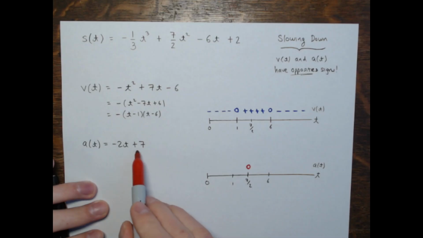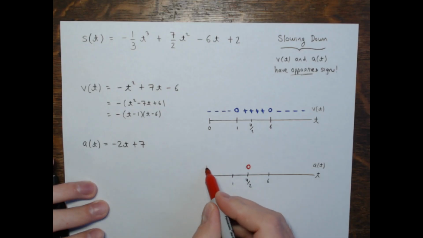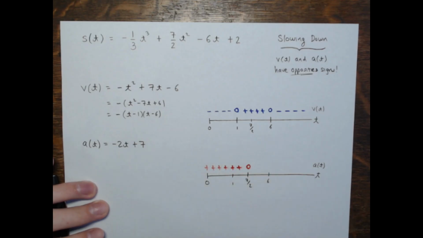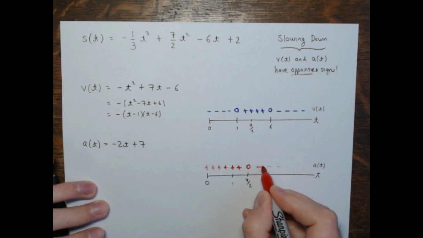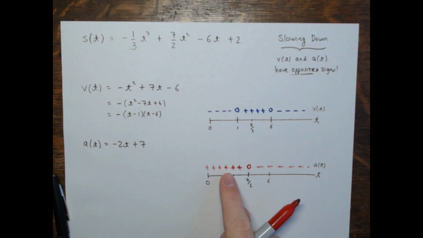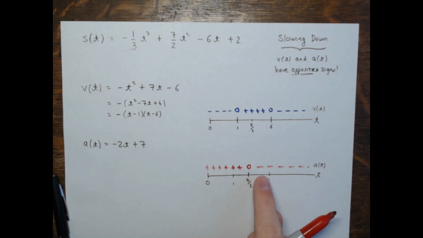To the left, when t is 0, you have positive accelerations for the first 3.5 seconds. And then beyond 7 halves, you'd have negative acceleration. So it's like the wind is blowing to the right in the first 3.5 seconds, and then it turns and starts blowing to the left, pushing the other way for the rest of time.